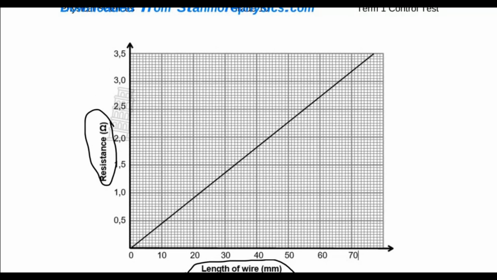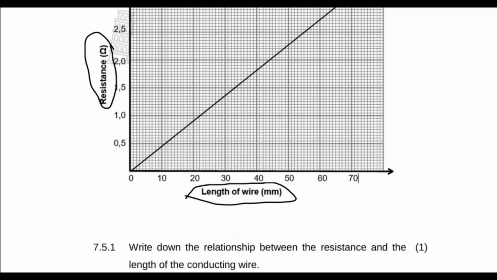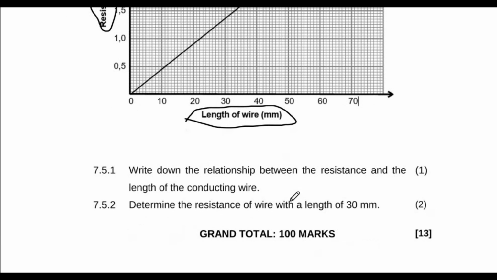That's what we are changing. As we increase the length of the wire from 0, 10, 20, 30, 40, 50, 60, 70, the resistance also increases from 0.5, 1, 1.5, 2, 2.5, 3, 3.5. As one increases, the other one increases. It's a directly proportional relationship.